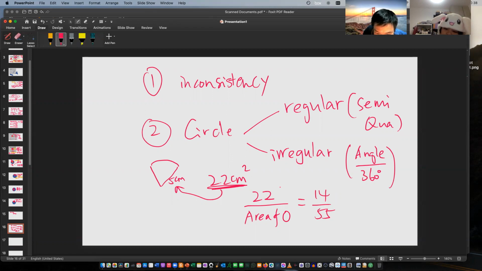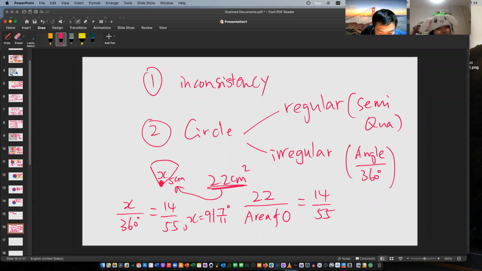So that's the fraction given. With the fraction given, this angle I call x. So x over 360 degrees has to be 14 over 55, and that is how you get the angle. So angle x is equal to 19.17 over 11 degrees. Then you get this angle already. Okay, so far so good.